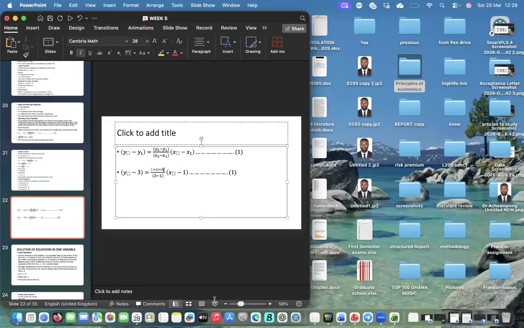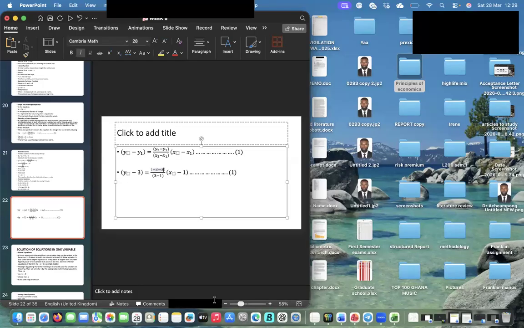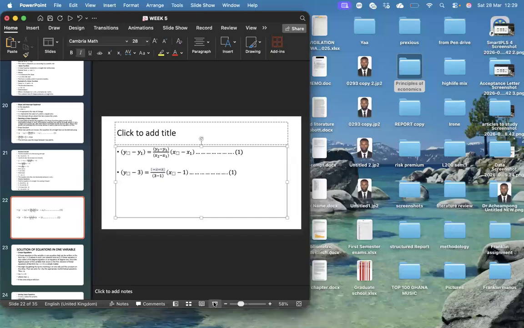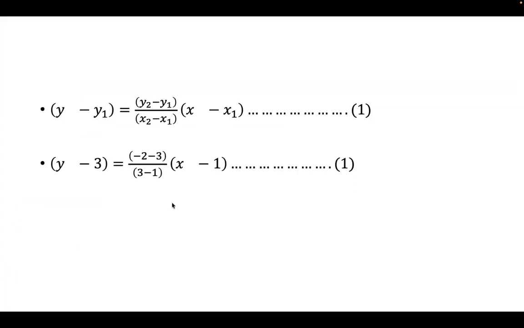So minus 2 minus 3 over 3 minus 2, right? Yes, sir, that's correct. So minus 2 minus 3 over 3 minus 1 is equal to minus 2 minus 3, which is minus 5.